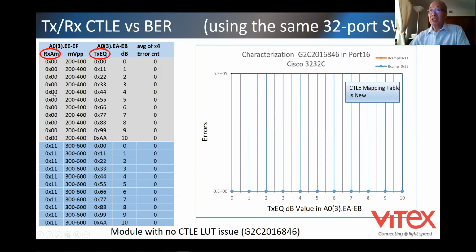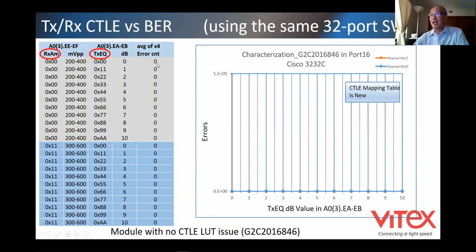I map a 00, which happens to be the output amplitude 200 to 400. So basically I change the parameter and run the PRBS test in the switch itself. So I gather a whole bunch of points here, right?